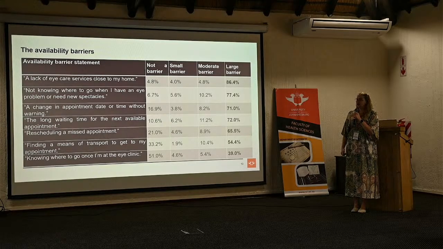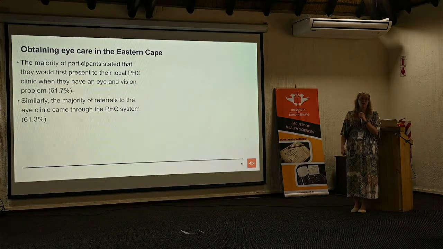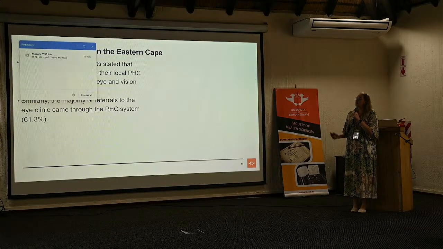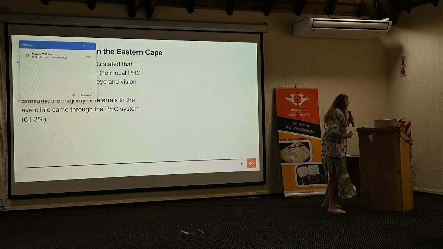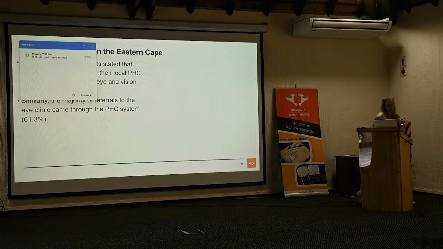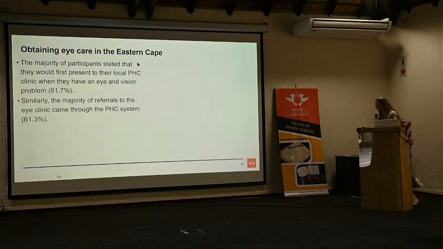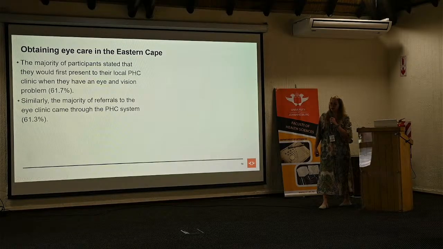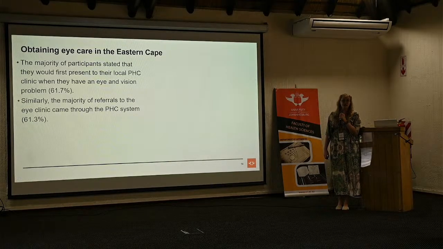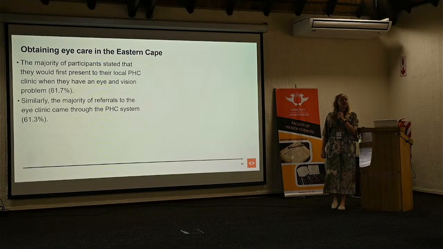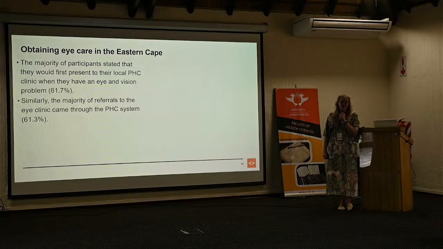There were other interesting findings of the study, which we unfortunately don't have time for today, but one of the most important ones, I would say, is that the majority of participants were referred to the eye clinic by their PHC nurse. And the majority of participants said that if they had a problem, the first place they would go was to their primary healthcare clinic.